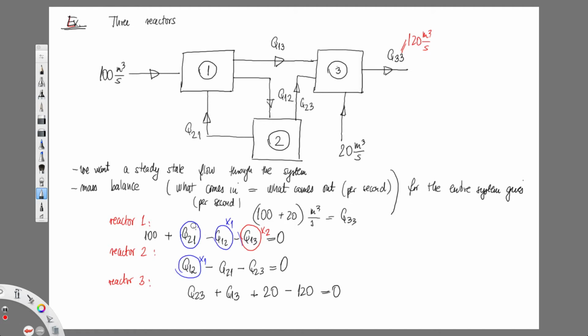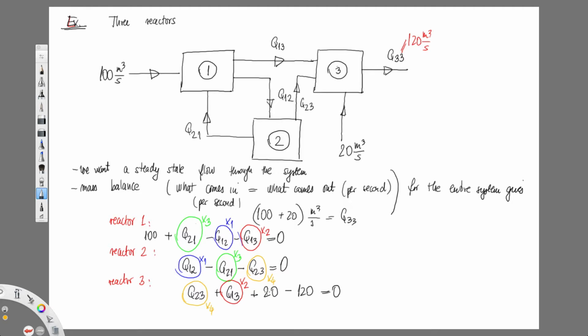And then I'm going to change the color. Three. Okay. This is still x2. And Q23 is yellow, x4.